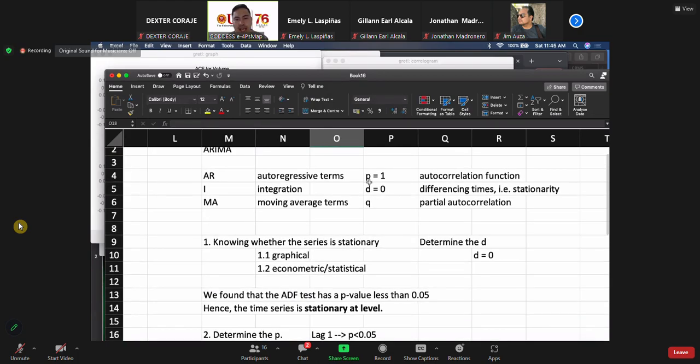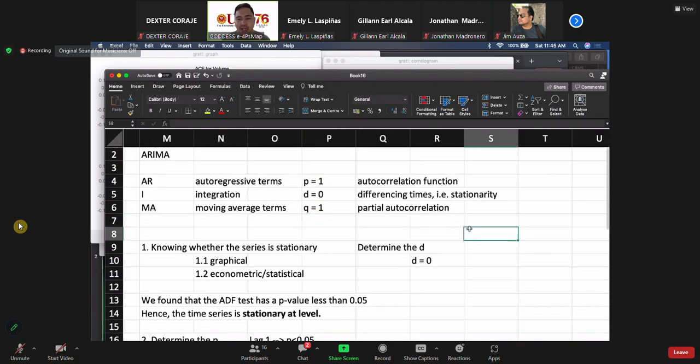So in this case, we have established that P equals 1, Q equals 1. So that means your model could be ARIMA 101. Oh, so that is the ARIMA model, ARIMA 101 is what we made now.